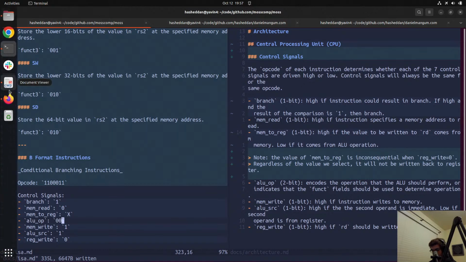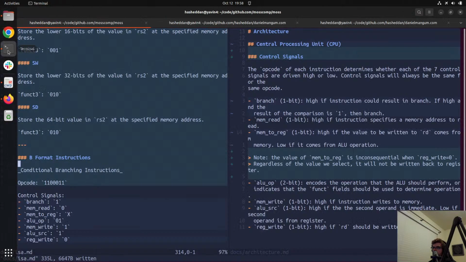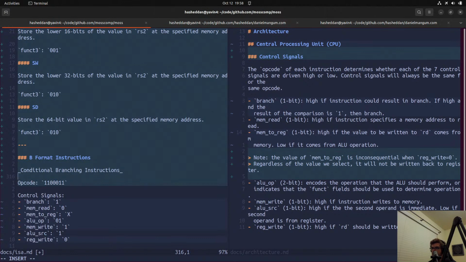So I don't know. I'm going to cheat on this one. It's 0, 1, so I guess that's just how we're saying. Wait, actually, I think we're saying look at funct3, 0, 1. So we've seen this before. Oh my goodness.